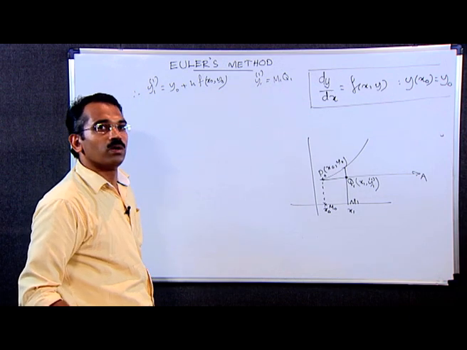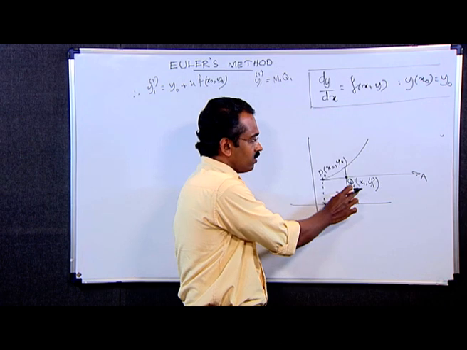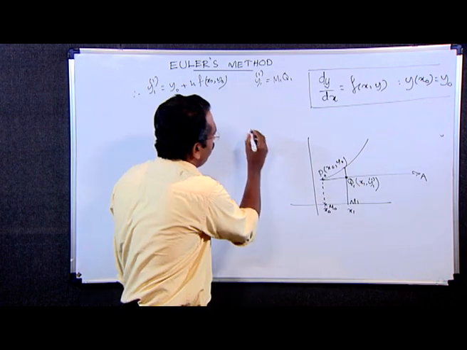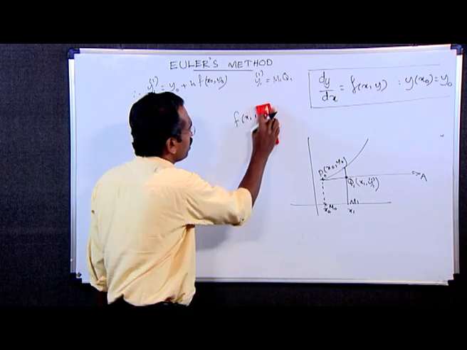Now we calculate f of x 1 comma y 1 superscript 1.